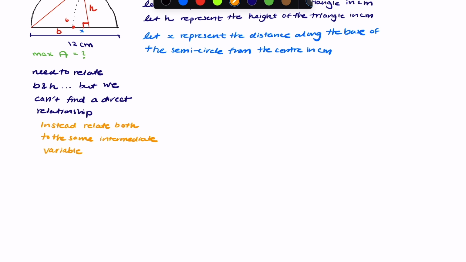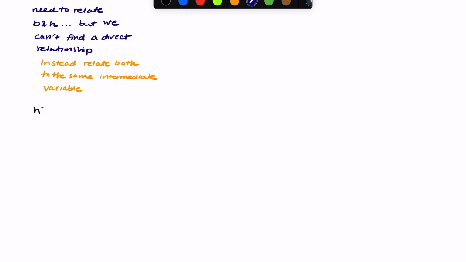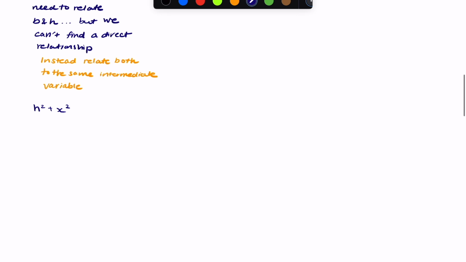Okay, so the first thing we're going to do is find the height. We can use the Pythagorean theorem. So we have h squared plus x squared is equal to 6 squared.